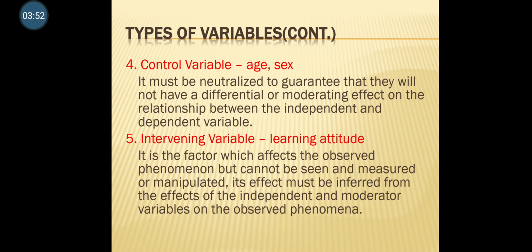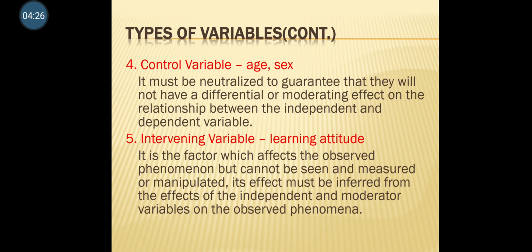Here, in order to compare the marks of ninth standard students, he has to take the same age group students. So here the age should be neutralized. This is also a variable which affects the achievement. So the researcher can neutralize it by selecting individuals of the same age group or by selecting individuals of the same gender.